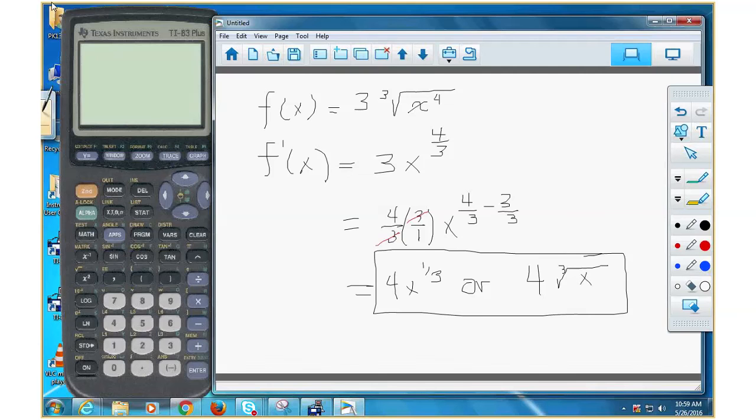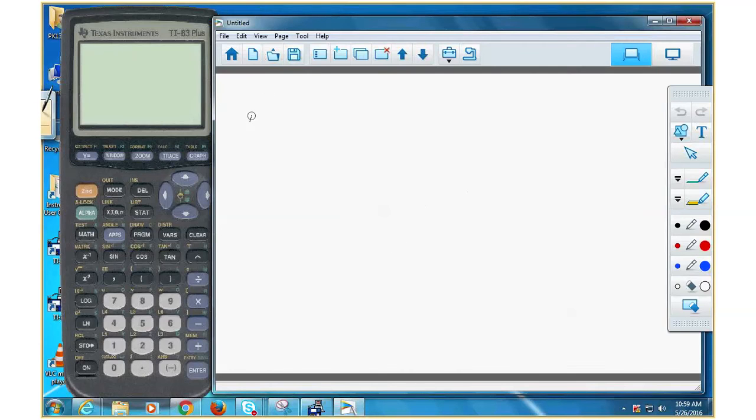F of x is equal to 2x squared minus x plus 3. And I want you to graph it on your calculator so you can actually see the tangent line.